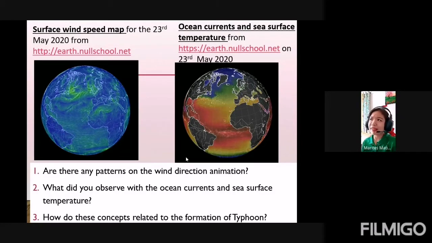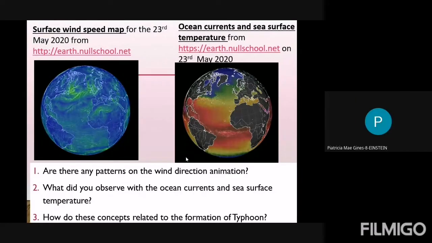Right? Okay, next. From these concepts, how do these concepts relate to the formation of typhoon? Sa tingin nyo, ano yung relasyon ng wind direction or wind speed and ocean currents and sea surface temperature in the formation of typhoon? Yes, Beatricia May. Ma'am, dahil ganun po na-form ang typhoon sa temperature po.